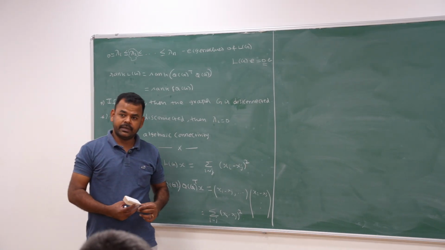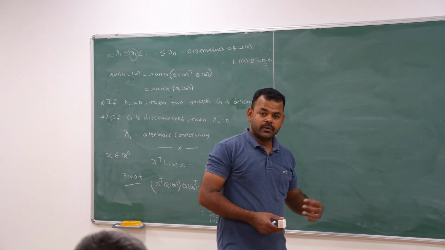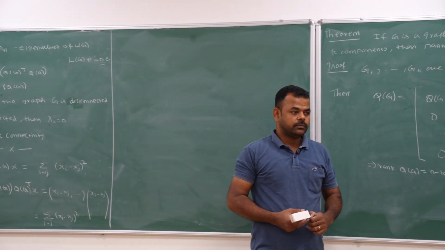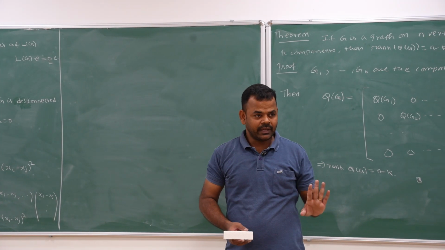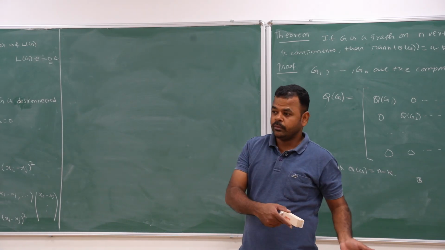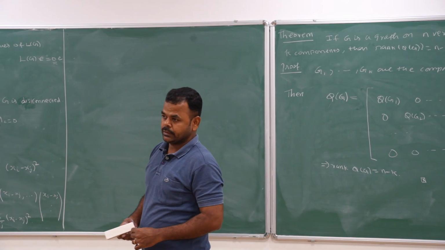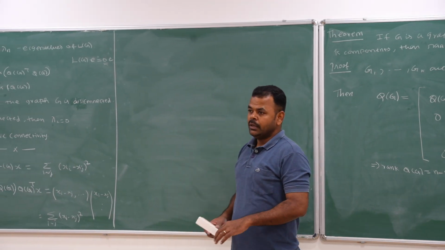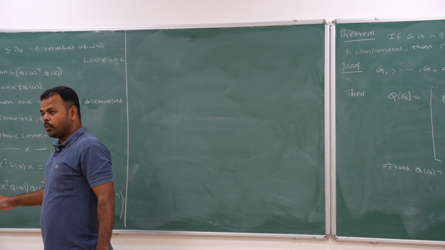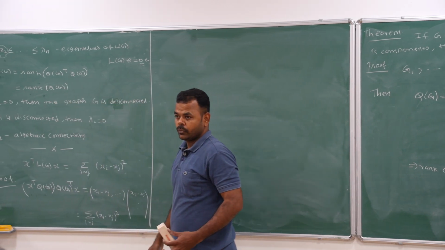It is the minimum number of vertices you have to remove from the graph so that the resultant graph is disconnected. If I start with a connected graph. If it is not a connected graph, then the number of components after removing these vertices should increase. That's the definition of vertex connectivity. This algebraic connectivity gives a lower bound for the vertex connectivity.